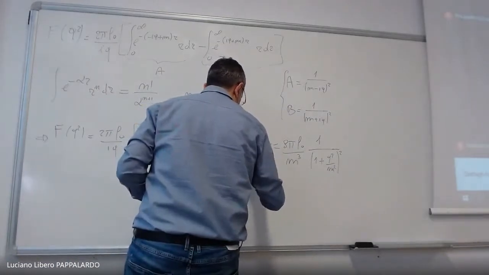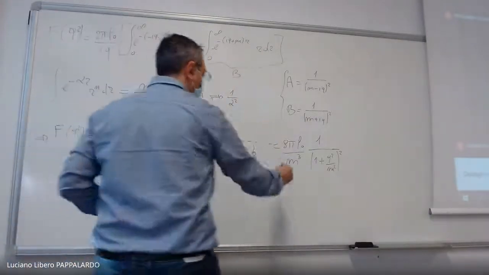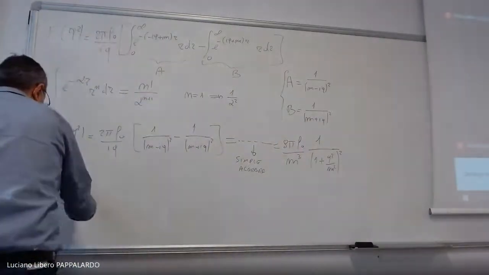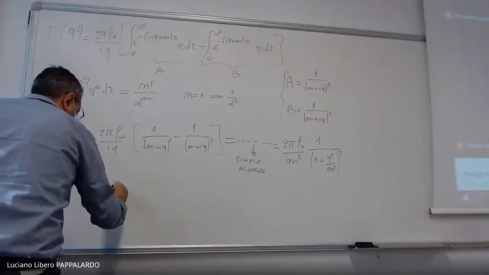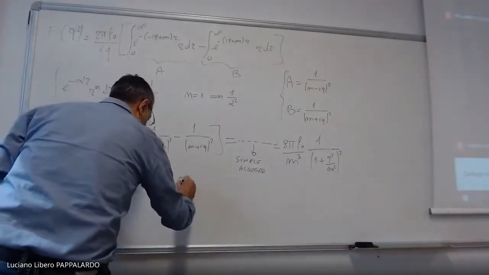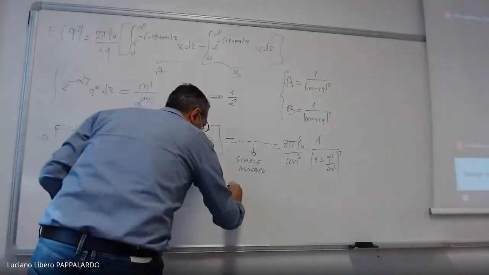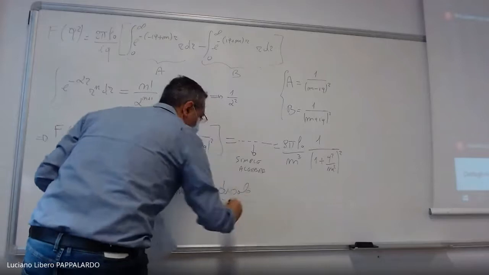Simple algebra. And so this we can at the end rewrite as (1 plus q squared) to the minus 2, which is indeed our dipole distribution.